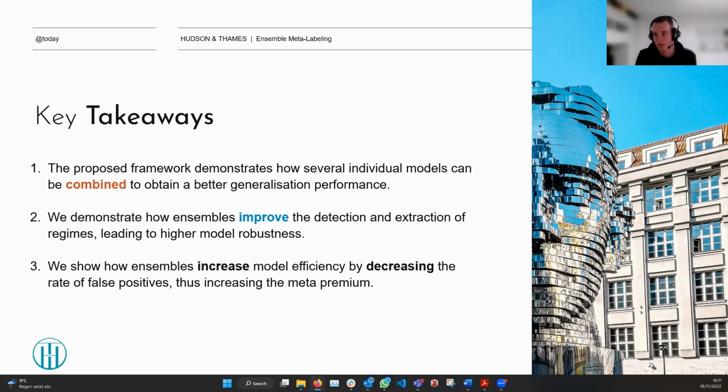So we demonstrate how ensembles improve the detection and extraction of regimes, leading to a higher model robustness. And the third point is on model efficiency and increased meta premium. So we show how ensembles increase model efficiency by decreasing the rate of false positives, which leads to an increase in meta premium. And for context, the meta premium in meta-labeling describes the gain of the secondary model. We'll see that later in the experiments.